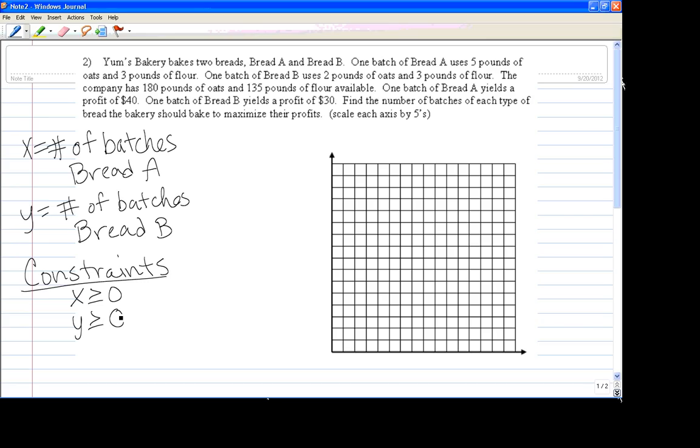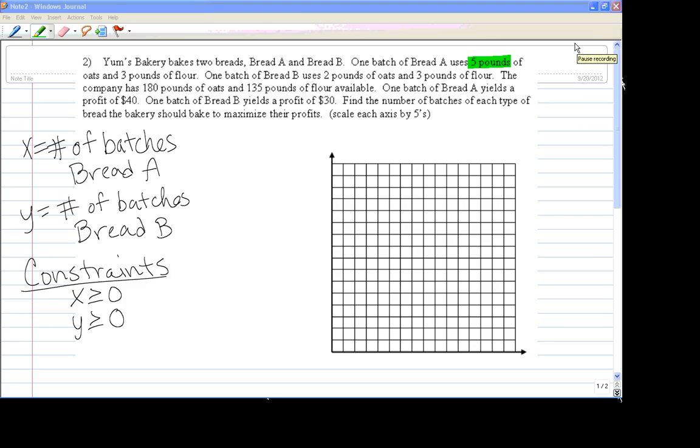We also know this information about the oats and the flour and how much we have available of each. So let's highlight the related information. One batch of bread A uses 5 pounds of oats.